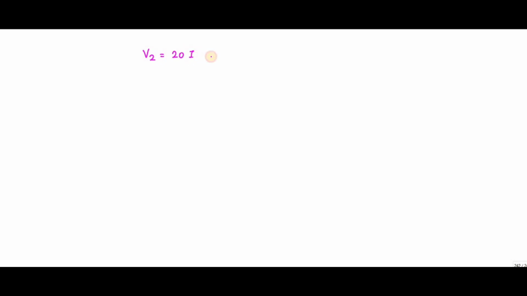So if I multiply 20 with this value, I will get 110.9 at an angle of 213.69 degrees.